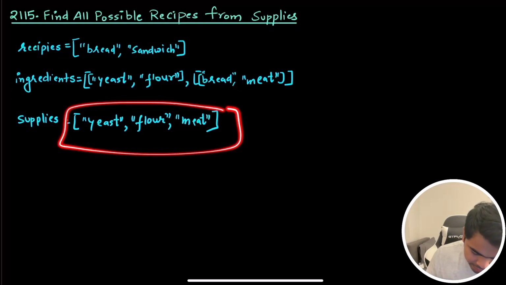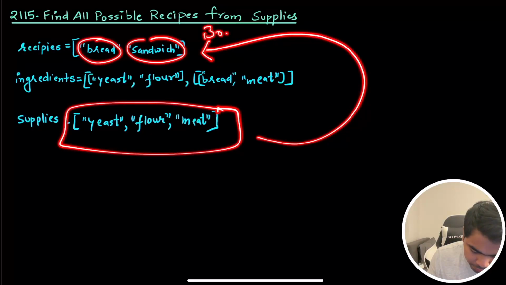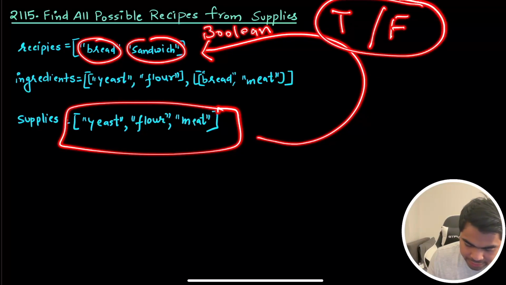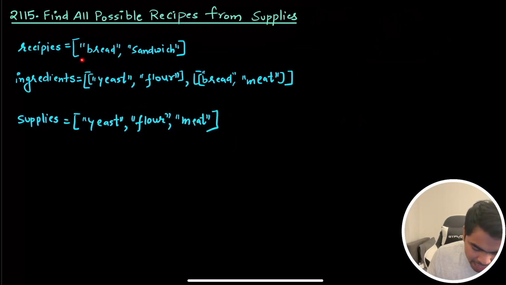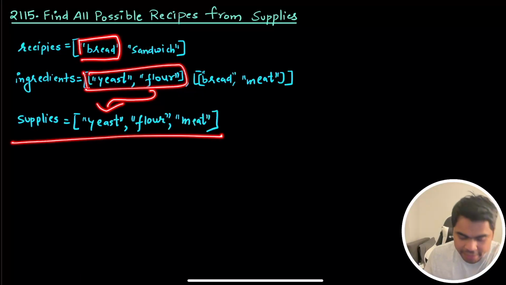So this is my supply list, and I have to create an answer list where for each of these recipes, I will be storing a Boolean value, true or false, which will say whether I can create these recipes based on the ingredients they require, if those ingredients are present in my supplies.